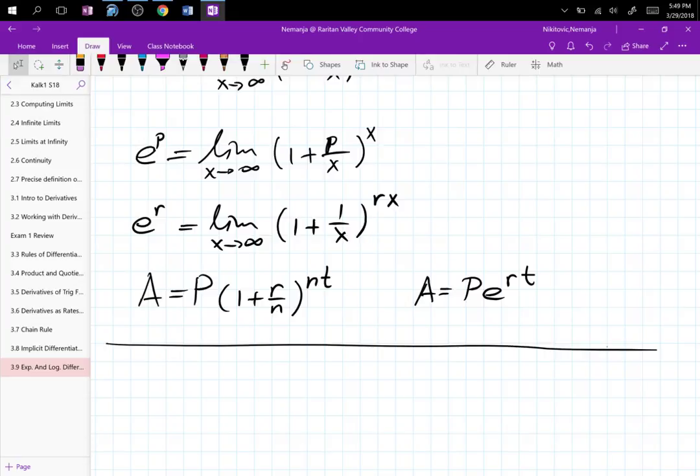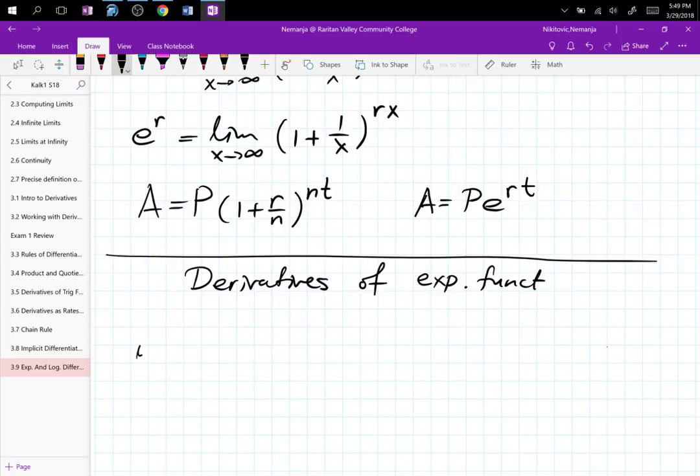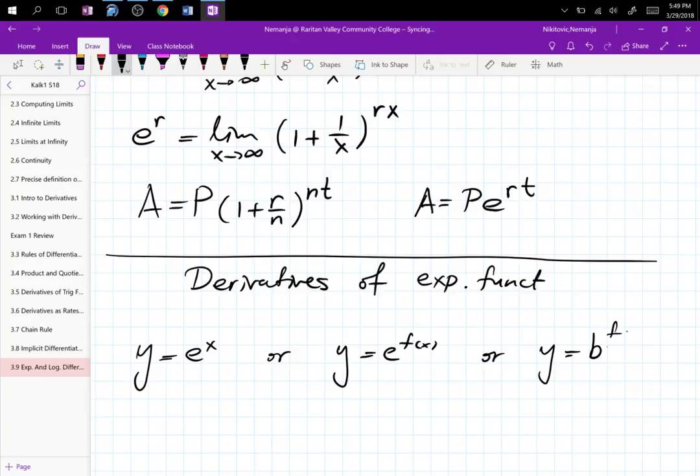So now we're going with derivatives of exponential functions. First of all, an exponential function is defined as y equal e to the x, or y equal e to the f of x, or y equal b to the f of x as the most general case you can have.